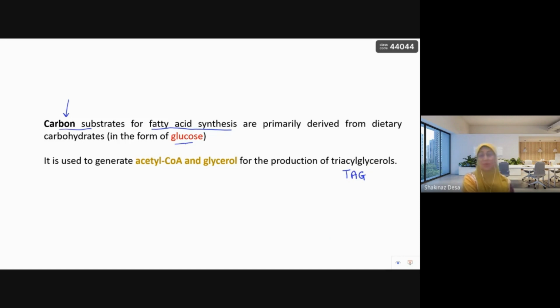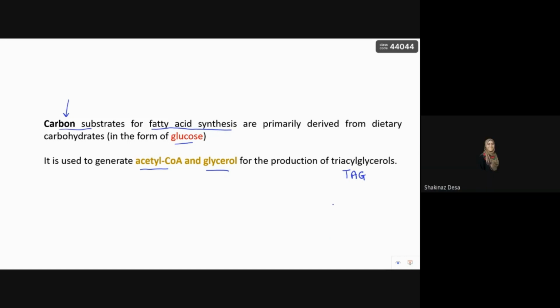So that glucose will be used to generate acetyl CoA and glycerol for the production of TAG or triacylglycerol. Tu idea dia. So dalam kepala kita kena ada that idea of sumber karbon tu datang daripada mana. Maksudnya makan nasi tu, lebihan gula tu can help to produce asid lemak, fatty acid. Okay. Let's move to the next slide.